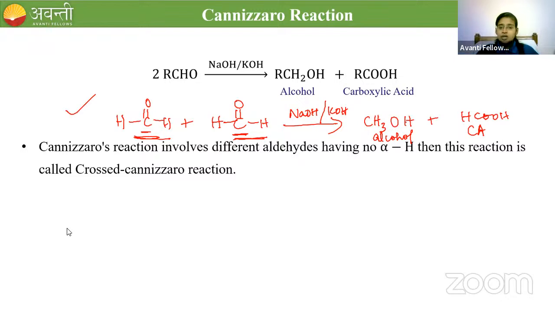If you are taking two different aldehydes which don't have alpha hydrogen, two different means one can be HCHO. What could be the other compound? Can anyone guess the second compound which doesn't have alpha hydrogen? Can you give another example of a compound which doesn't have alpha hydrogen?